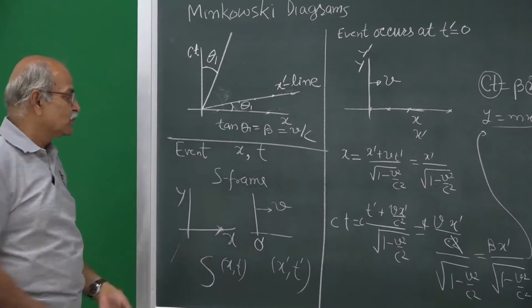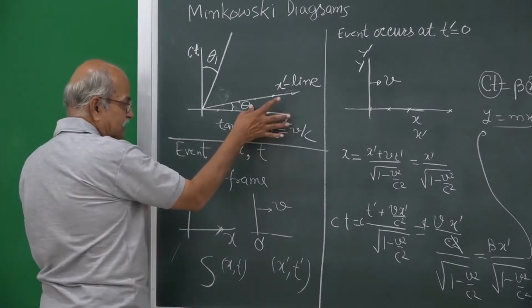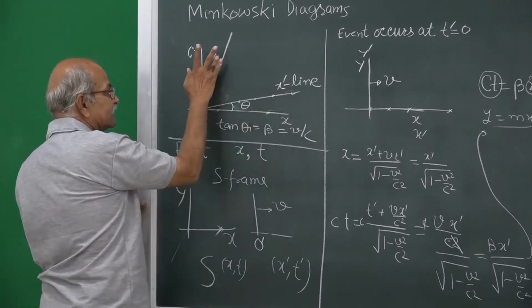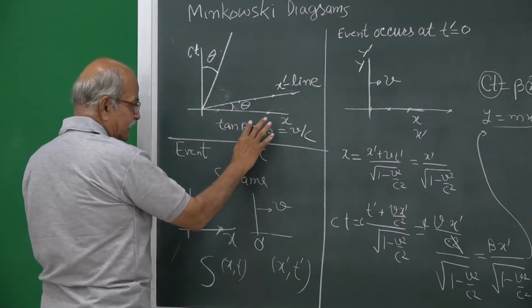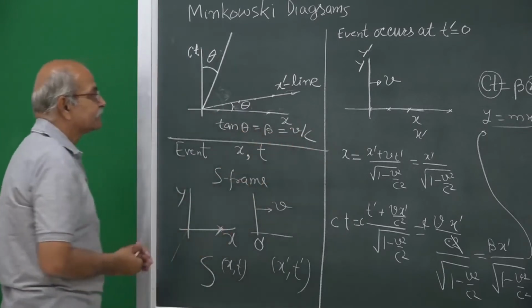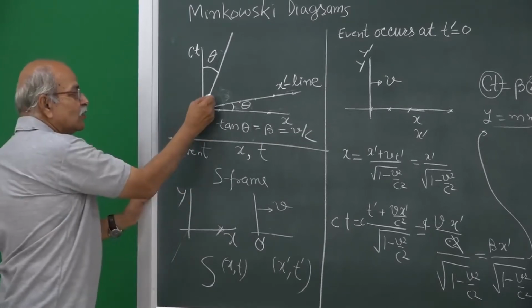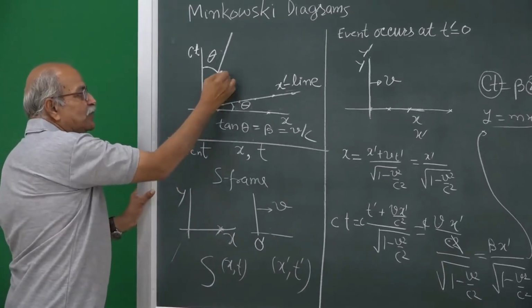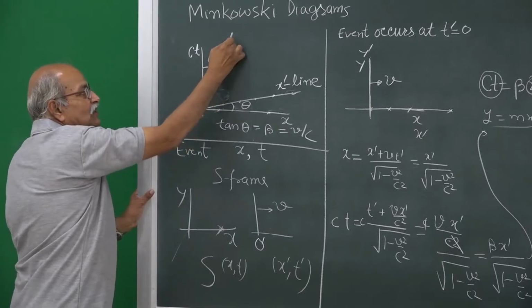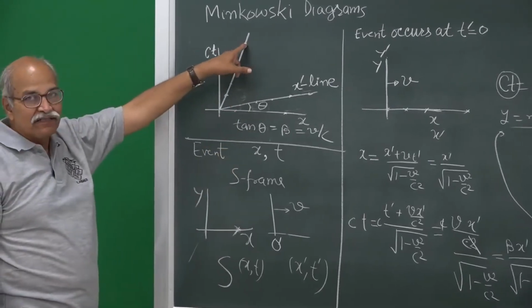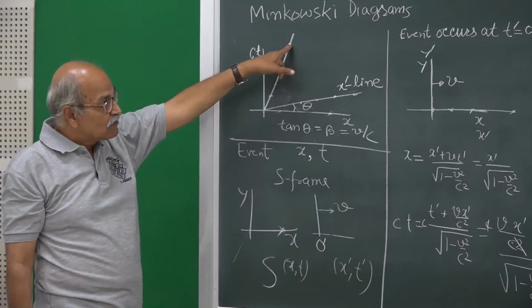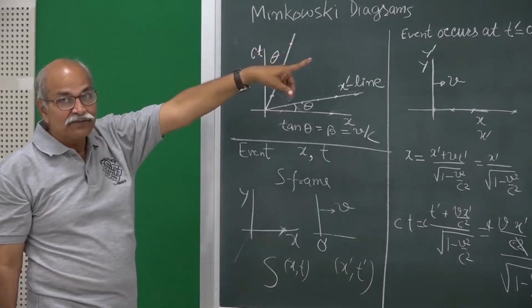So, I can just write theta here and theta here, and tan theta is beta, which is V by C. Now, any point on this will represent an event for which x prime is equal to 0.